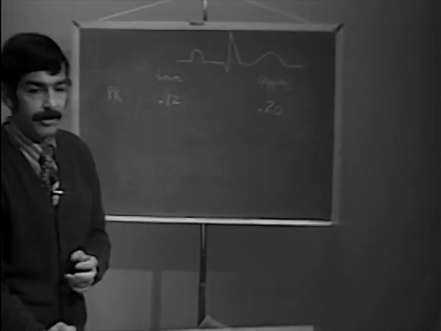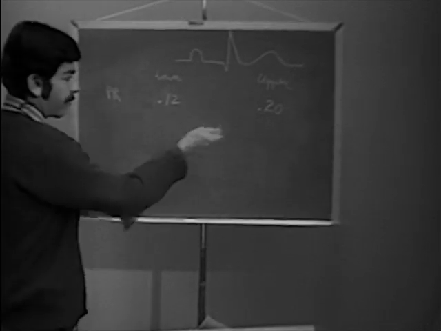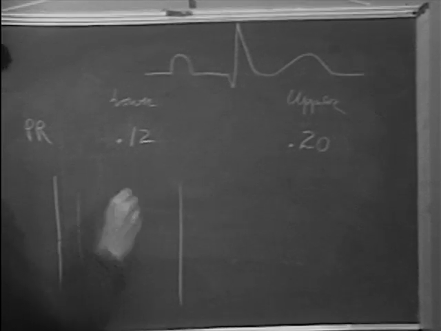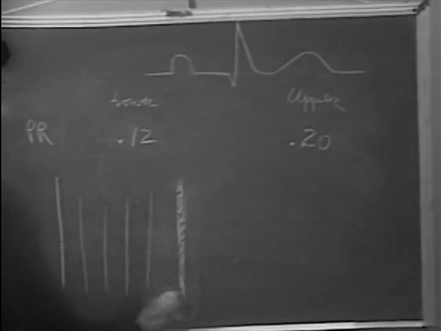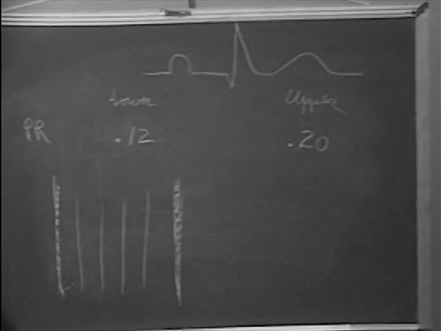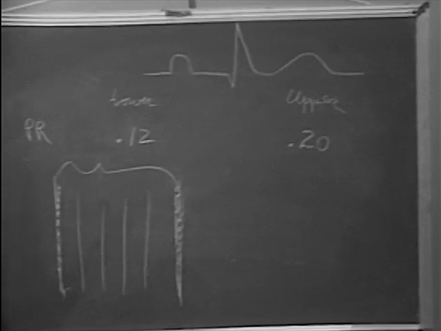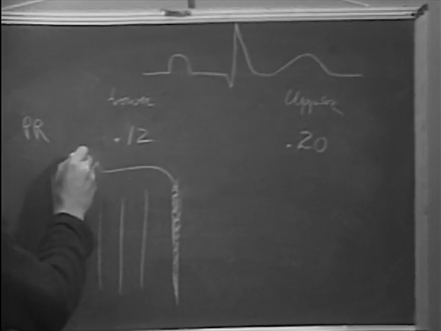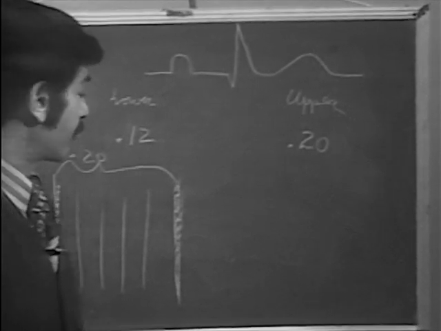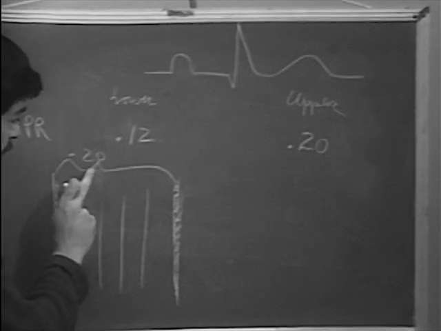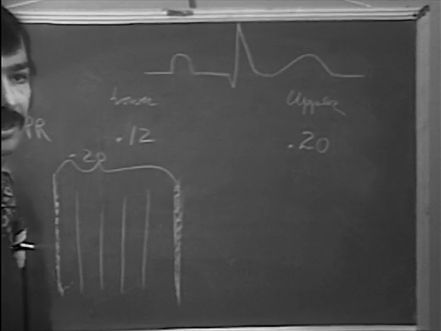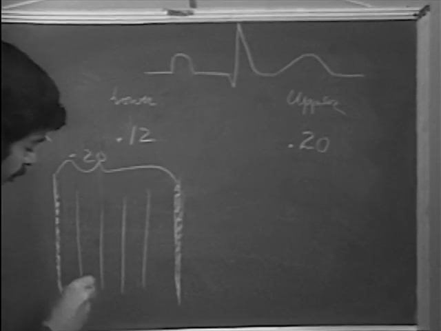Okay, now there's an easy way to memorize this. Instead of remembering numbers, if you go back to our grid system that I described before, these are the two relatively dark lines, which are separated by 5 small boxes, right? And we said that each one of these dark lines occurs every 0.2 seconds, assuming normal paper speed, which is 25 millimeters per second. So then, how long would each small box be in terms of time?